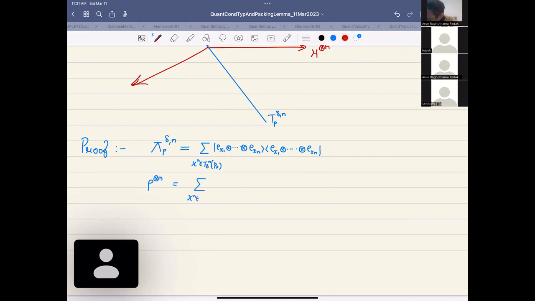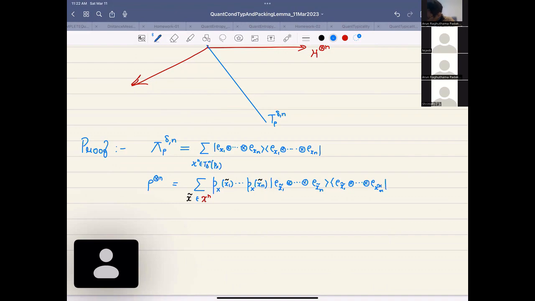The sum over x tilde n, and this is the difference, of P_X(x1) all the way until P_X(xn). I'll use x tilde n instead, to make sure I don't get the dummy variable notation wrong: |e_{x1 tilde}...e_{xn tilde}><e_{x1 tilde}...e_{xn tilde}|.